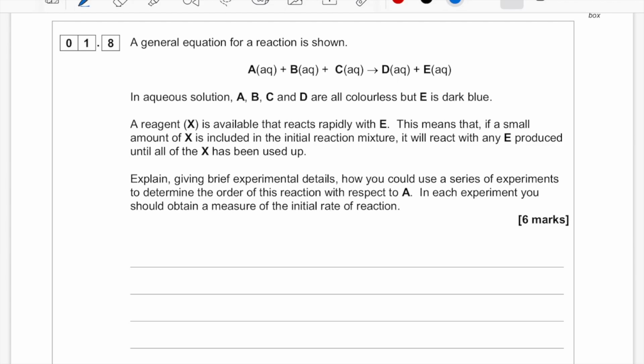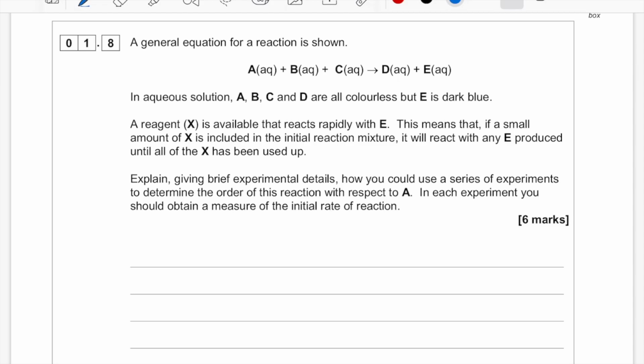Now we have to read on. It says a reagent X is available that reacts rapidly with E. This means that if a small amount of X is included in the initial reaction mixture, it will react with any E produced until all the X has been used up. So why is that useful or important?